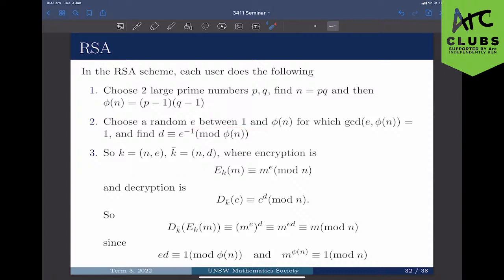And then we choose a value of e between 1 and phi of n, where the GCD of e and phi of n is 1. And then we calculate d, which is e inverse mod phi n. And to calculate d, we're going to have to do the Euclidean algorithm. So that's chapter 5 again.